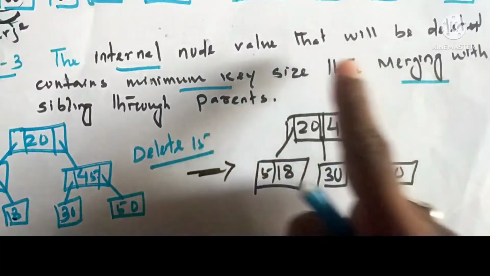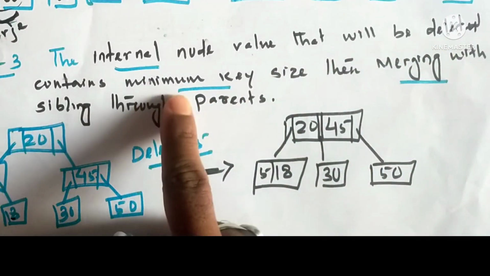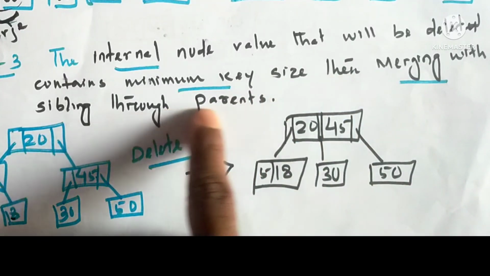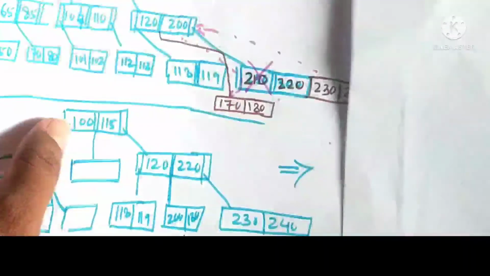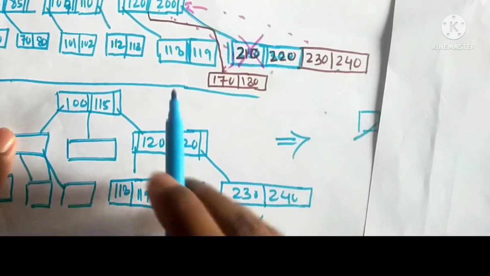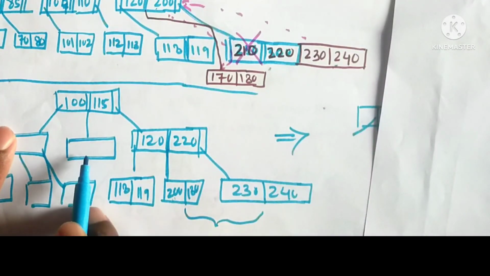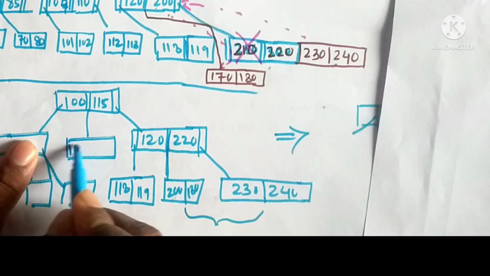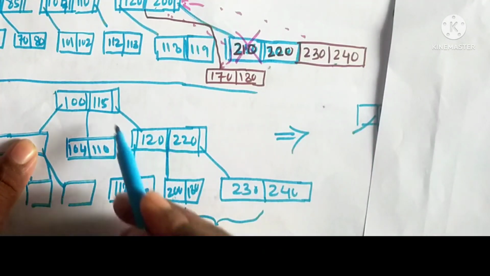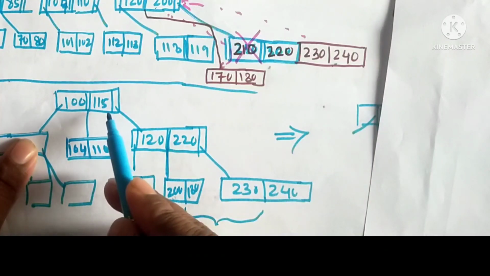If the internal node that will be deleted contains the minimum key size, then we will go for merging with the sibling through the parent. Here the sibling node of 220 contains 104 and 110, so that will merge through the parent 115.